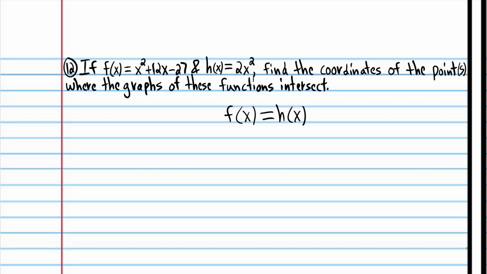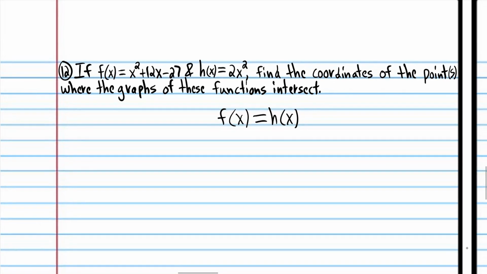So we're going to set the y values equal to each other, because if these two graphs intersect, that means they have points in common, and we want to know what those points would be. If the points have the same coordinates, then obviously the y values of the coordinates are equal.